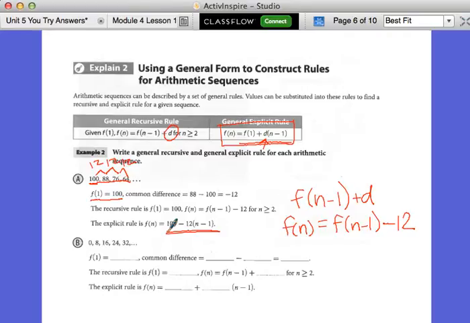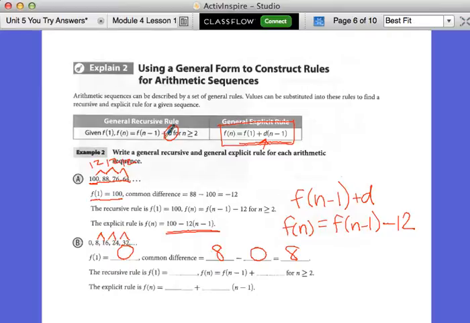All right, so some guided practice here. If you want to try this on your own, go ahead and pause and then come back and check your work. Otherwise, here we go. So f of 1 in this case is 0, the first position is 0. My common difference, I can look at 8 minus 0, and I get 8. That's the case all throughout my sequence. And I'm going up, so the addition from this rule up here will stay.